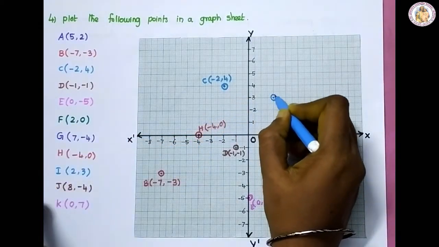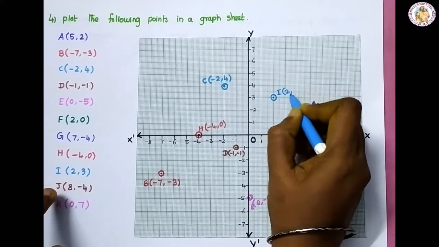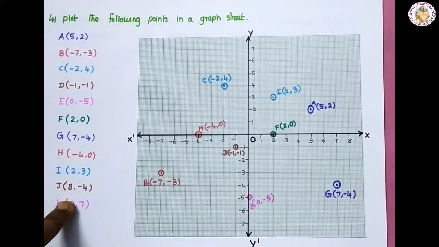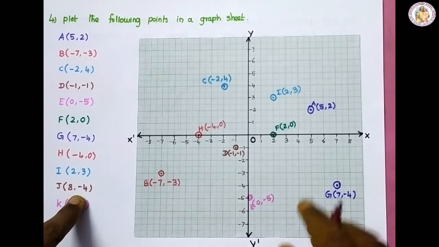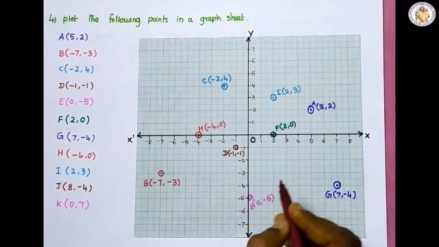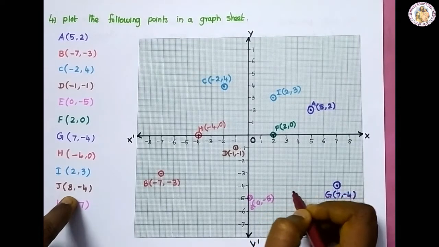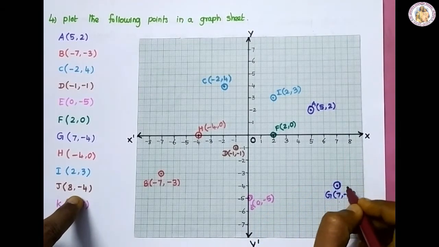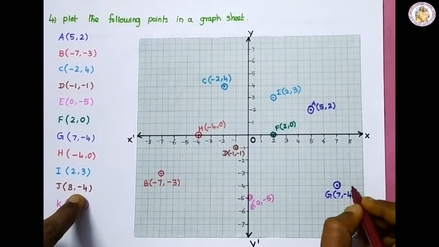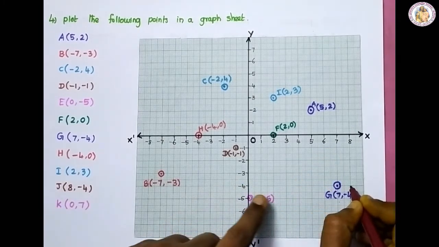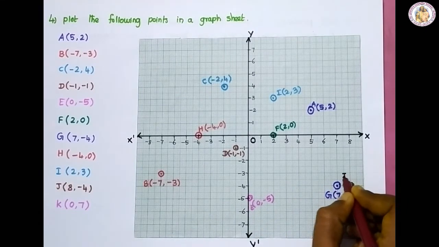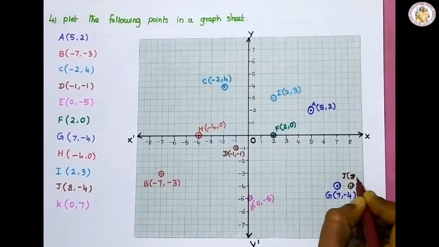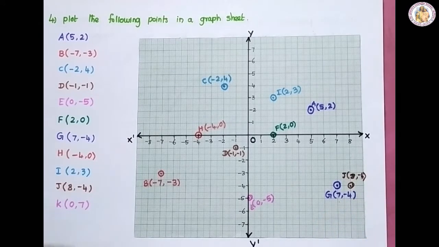So this point is I, 2 comma 3. And then J, 8 comma minus 4, plus comma minus, which quadrant is this? Fourth quadrant. So 8 this is, and here minus 4. So this point is J, 8 comma minus 4.